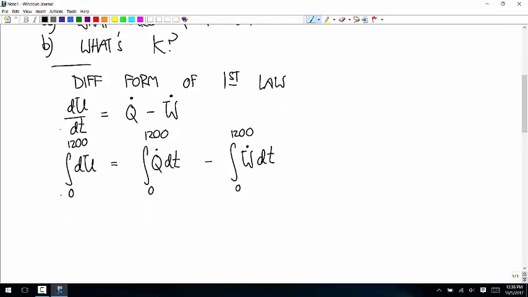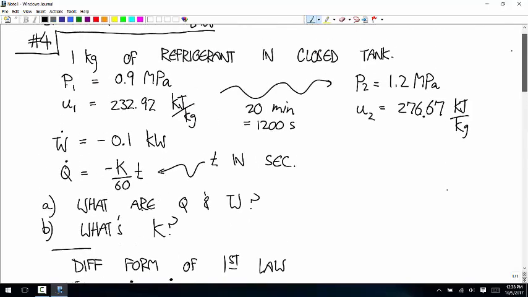This integral is just going to be the change in internal energy. And so we can just subtract. We have 1 kilogram, so you can forget about those kilograms there. And can someone subtract that for me?